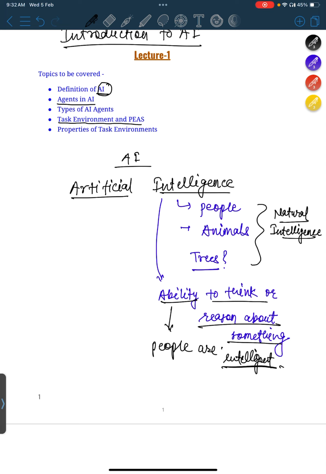So people are born with the brain, and animals do have it too, and trees also, because there are situations where trees do take decisions.